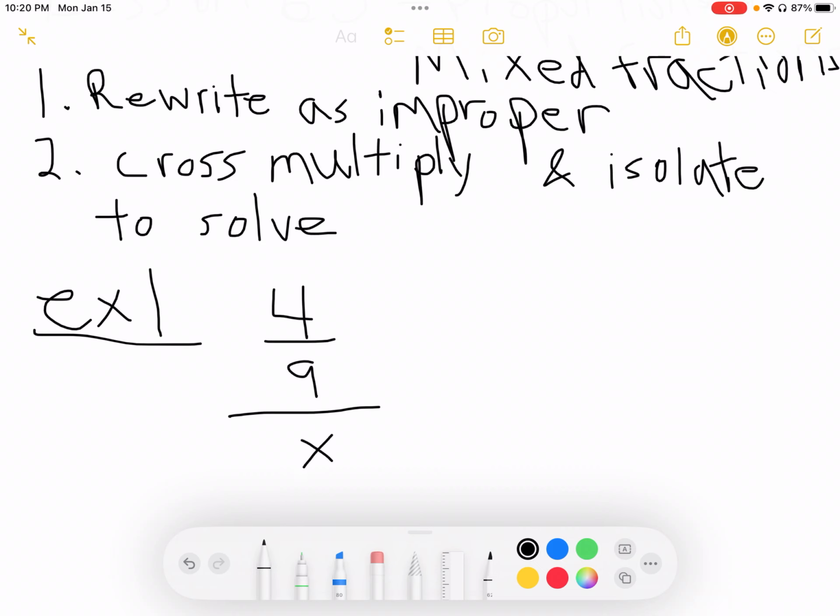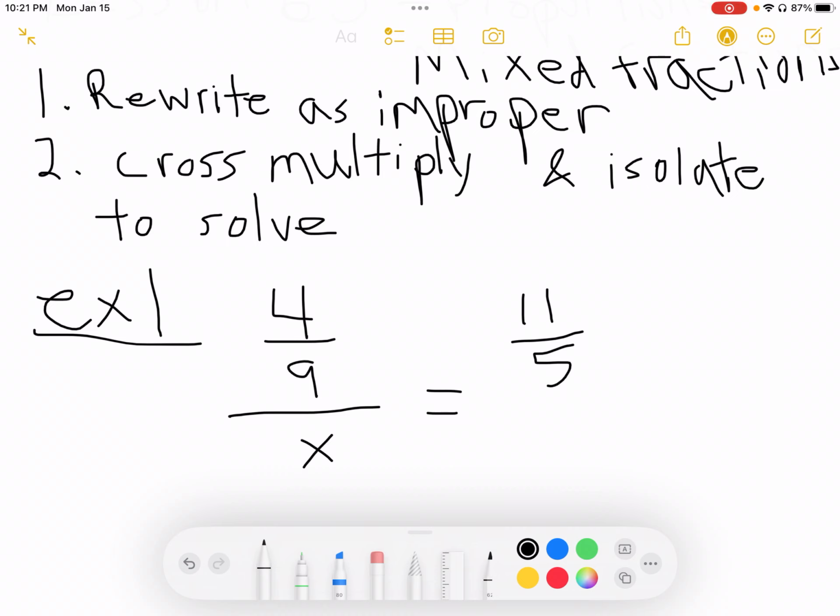And then I have equals, and on this side I have 2 1/5. So if I have 2 1/5, I can just write that as 10 plus 1, so I can write it as 11 over 5.